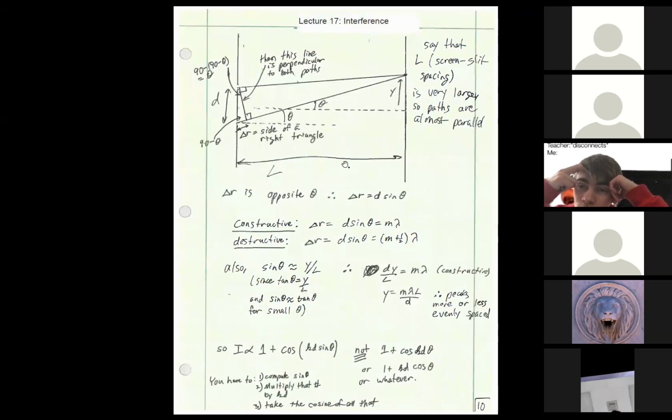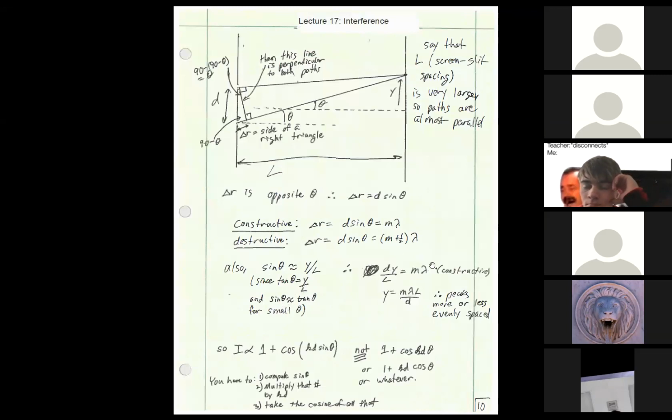And then our conditions for constructive and destructive interference become d sine theta equals m lambda, or d sine theta for destructive equals m plus a half times lambda. And then we can also note that sine theta is just y over L, and as long as y is small, theta is small, tan theta is y over L, but tan theta is also sine theta.